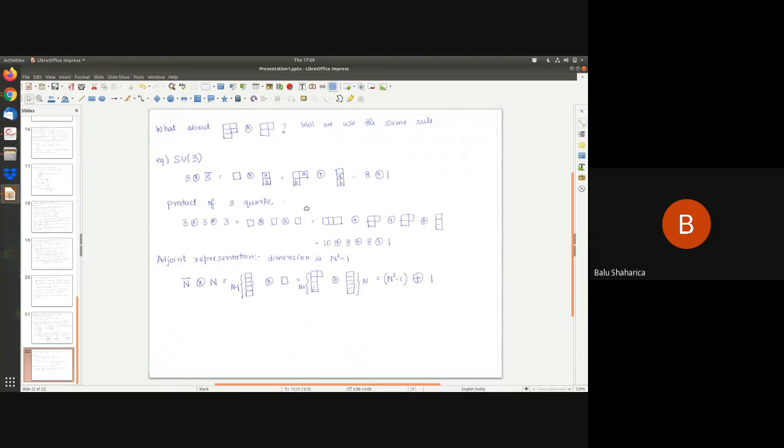For S(N), it's actually n factorial by the hook length, right? And for SU(N), the calculation is slightly different. The numerator is different.